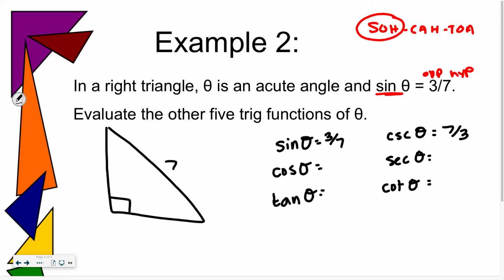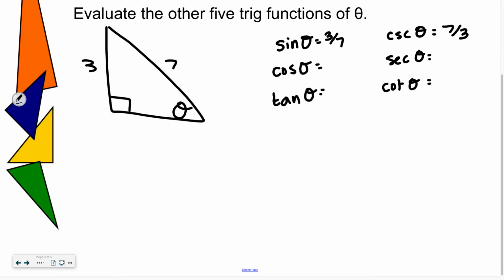So do you want your angle to be up at this top angle, or down at this bottom angle? Then what side is the opposite side is how I decide. So your angle is really important in that right triangle, but other than that, it does not matter how you draw it.